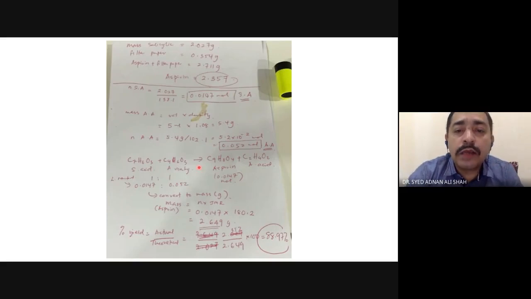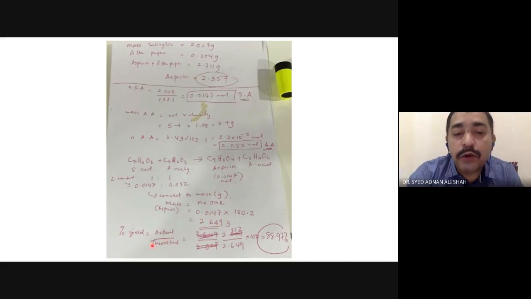Now you convert this mole into gram. The mass is equal to mole multiplied by molecular weight of aspirin. This is the molecular weight of aspirin. That's how you calculate the mass of aspirin from the moles of aspirin, and this one is the theoretical mass.